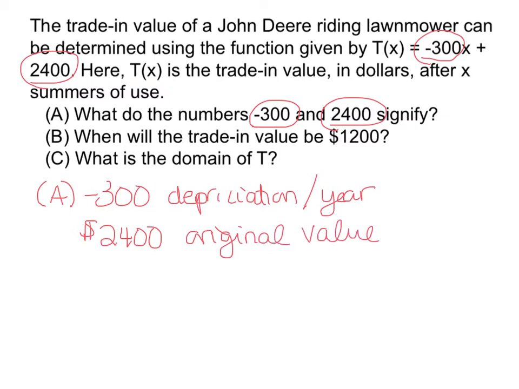B. When will the trade-in value be 1200? To find when the trade-in value will be 1200, we can replace t of x with 1200 and solve for x. Subtract 2400 from both sides.